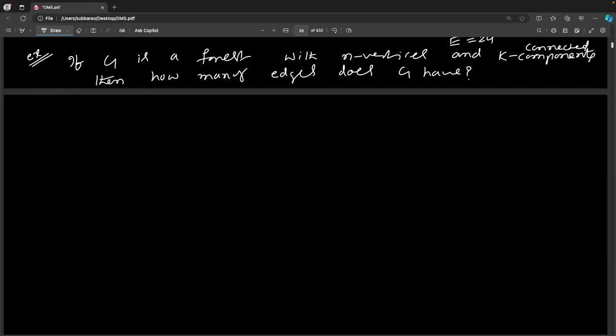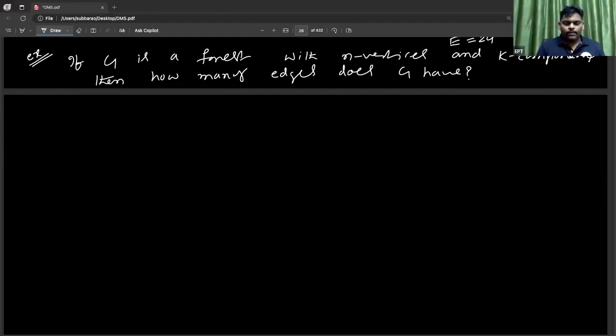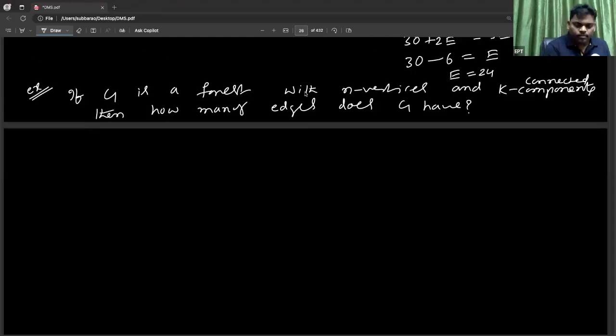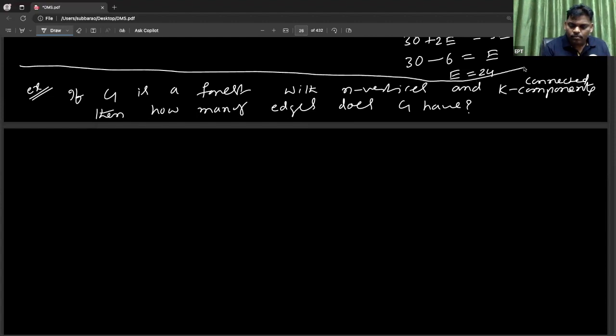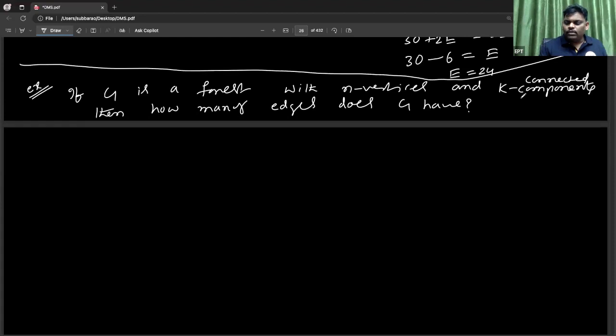If G is a forest with n vertices and k connected components, then how many edges does G have? Think about it and try to do it. If anything is new, I will explain.